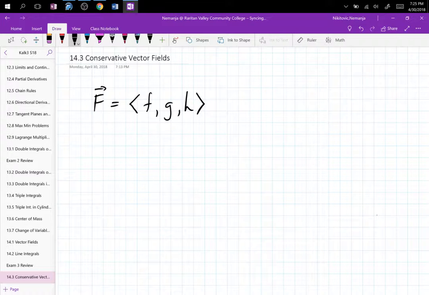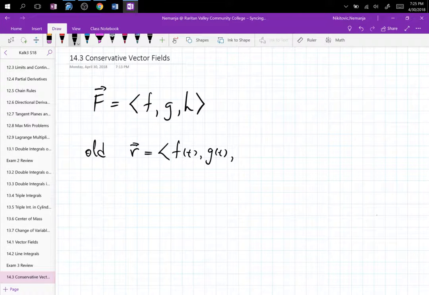Now, we also have the old definition for r, which was a vector valued function in general, which had f of t, g of t, and h of t. Now that's a collection of functions as well.